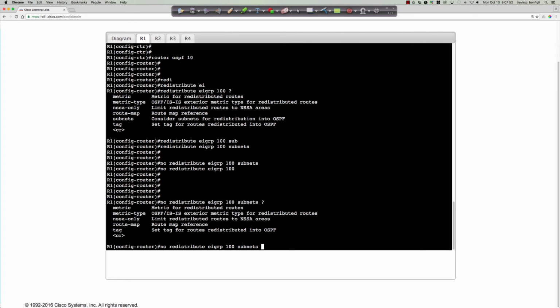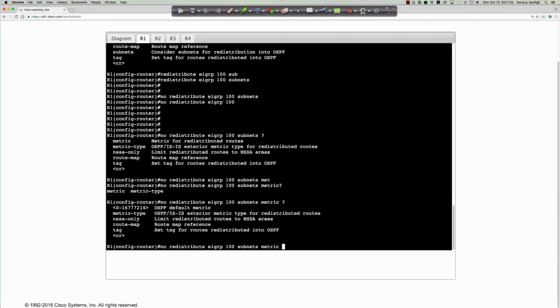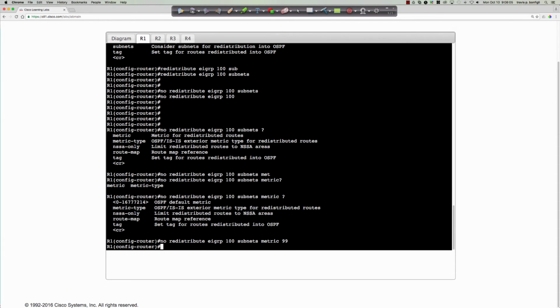We're going to say subnets, and now for whatever reason, let's say that I wanted to change the metric. So I could say 99 and hit enter. Now, what I've just done there is I have changed the seed metric. By default, remember, it's going to be 20, but I've just changed the seed metric to 99.